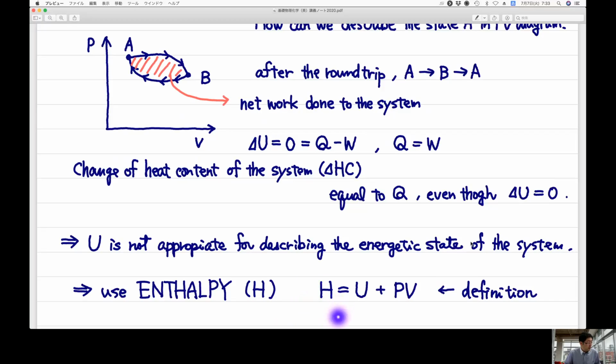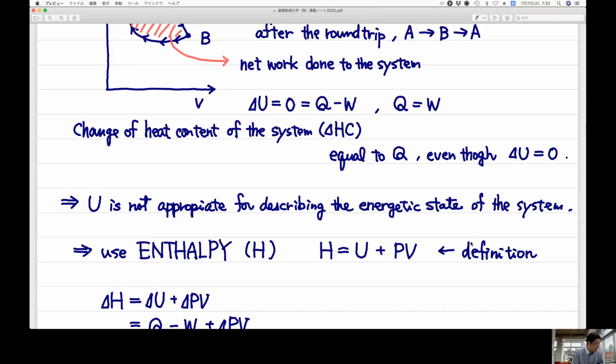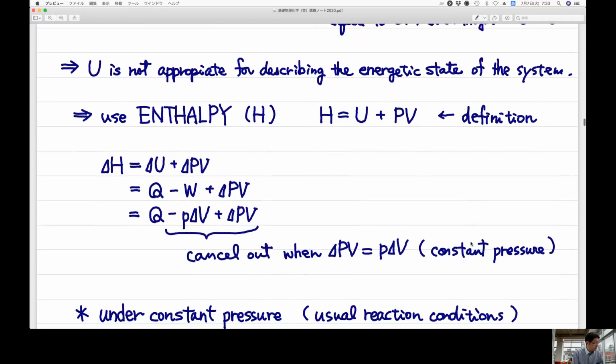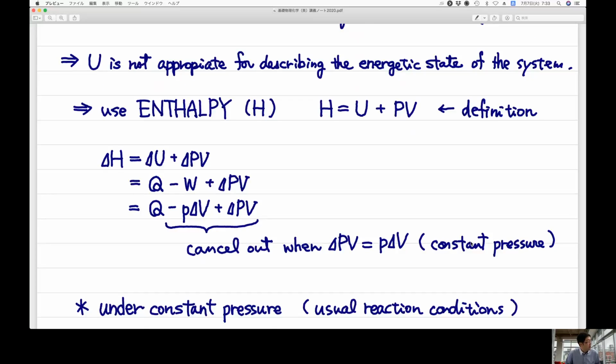The enthalpy equals internal energy plus PV. This is the definition of enthalpy in the PV diagram, okay? And by the use of this definition, delta H, I mean the change of enthalpy, equals change of internal energy plus change of PV.